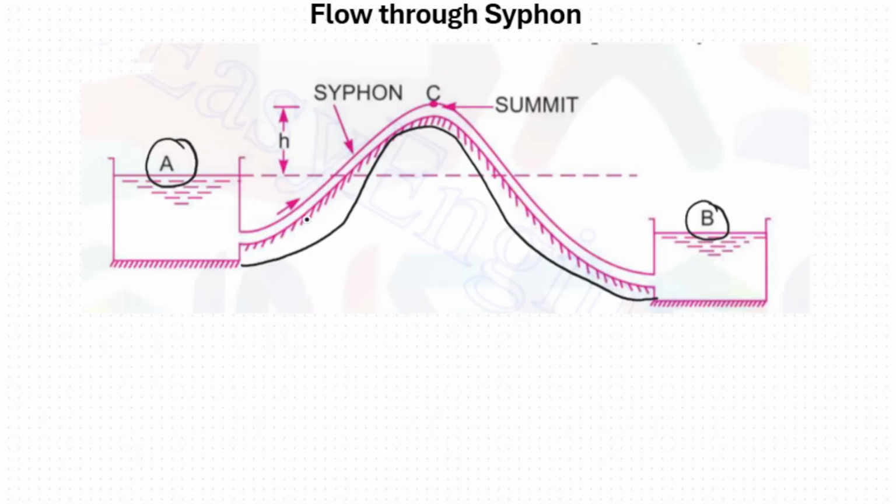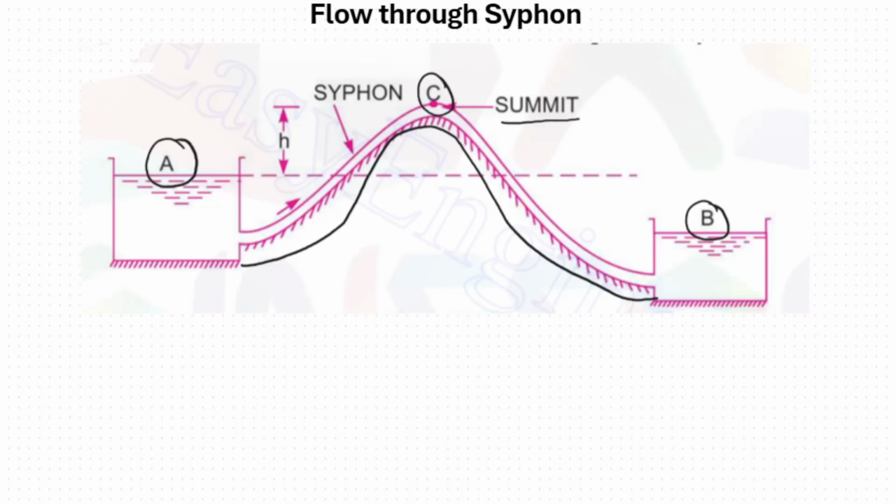So you can see here, these two reservoirs are separated by a hill. That's why the pipe is laid like this. The point C, which is the highest point of the siphon, is called the summit.